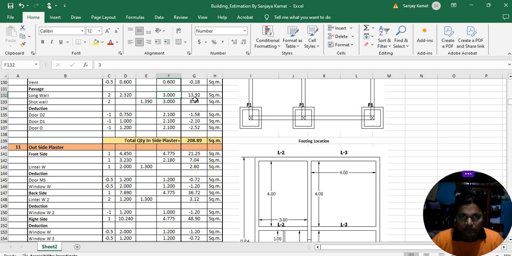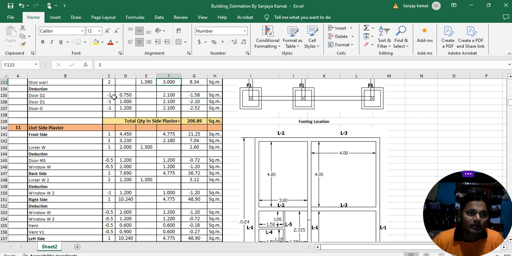Multiplying gives 13.92 square meter. Then for the short wall, the number is 2, breadth is 1.390 and thickness is 3 meter. Multiplying these three, you will get 8.34 square meter. Now do the deduction.